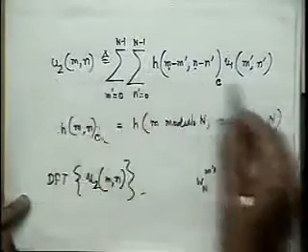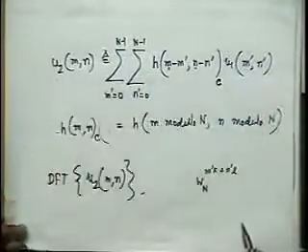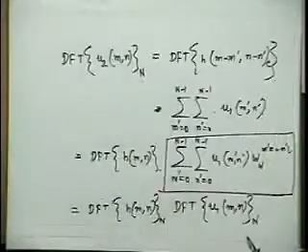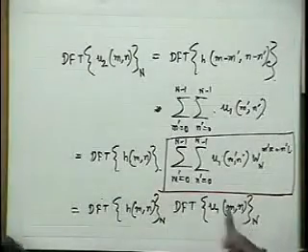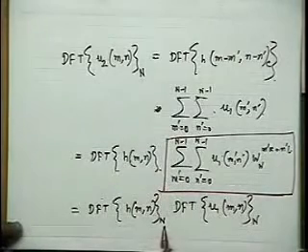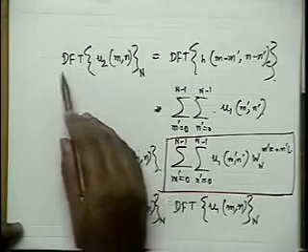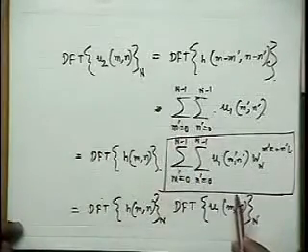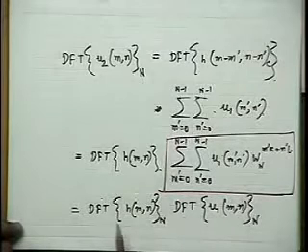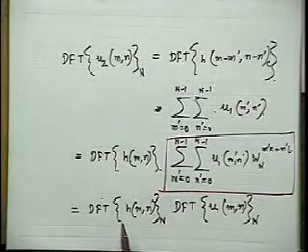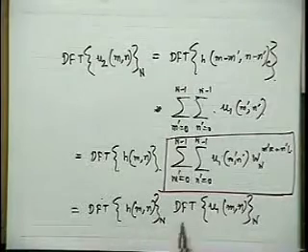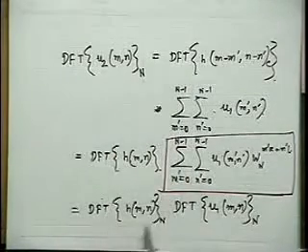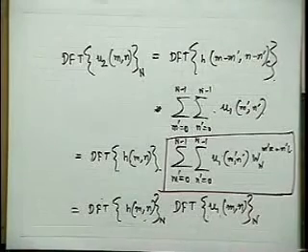Convolution in the spatial domain, this is how I had defined a convolution in the spatial domain, becomes a multiplication in the frequency domain. That means when I take the DFT of a convolved signal, it is the product of the DFTs of the functions involved in the convolution. So the DFT of this simply becomes a product of DFT h(m,n) and DFT u1(m,n).